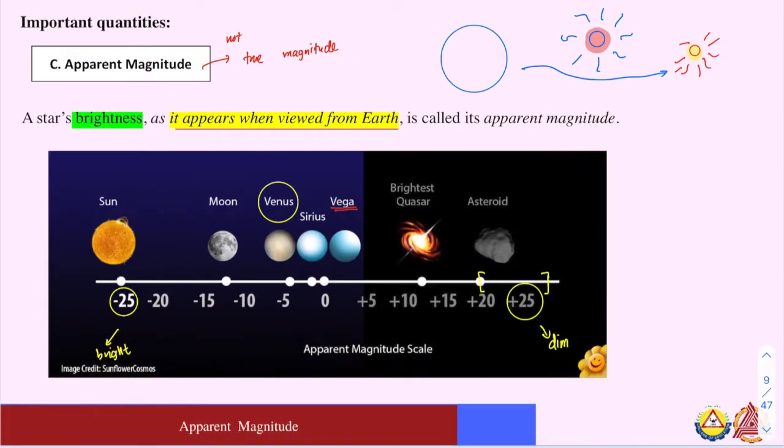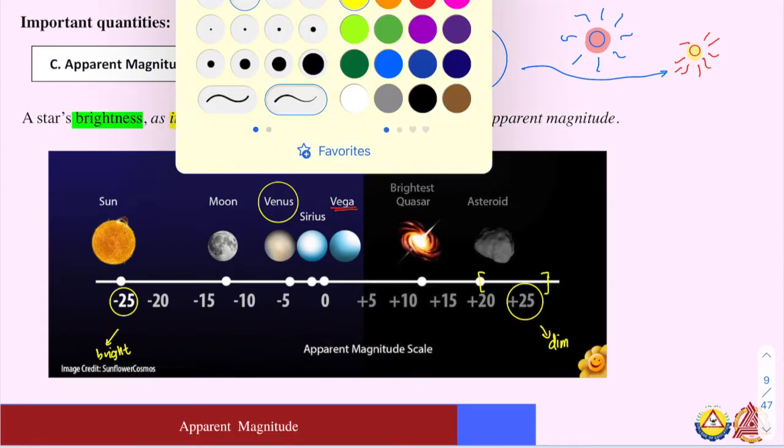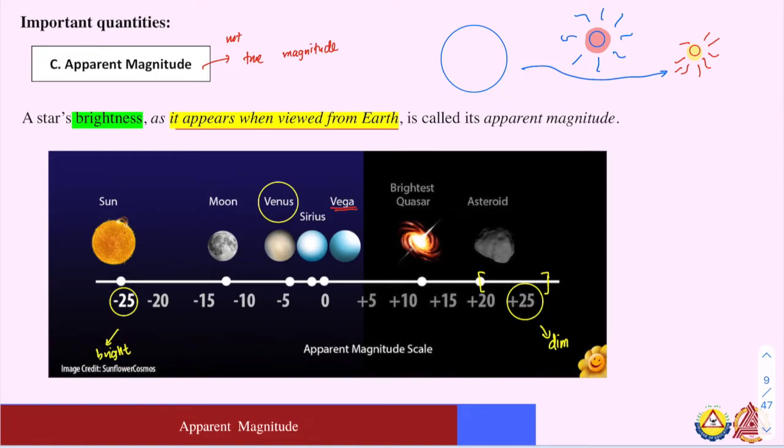And also about the apparent magnitude. This is still magnitude, or still brightness. The apparent magnitude is basically how the star appears to us, its brightness as viewed from the Earth. I'm hoping you can still remember that the more negative the value of your apparent magnitude, the brighter the star is.